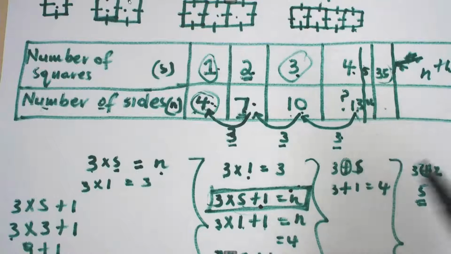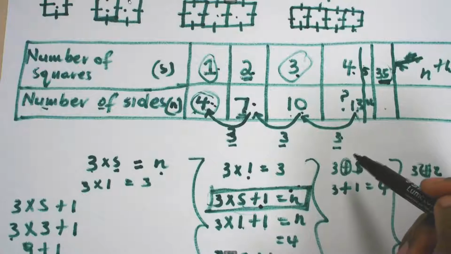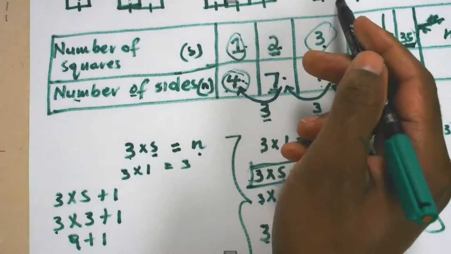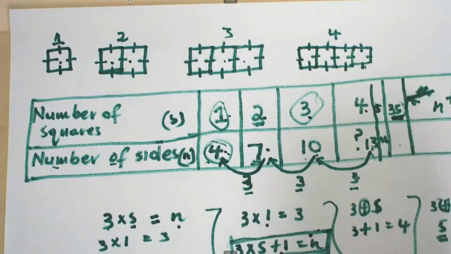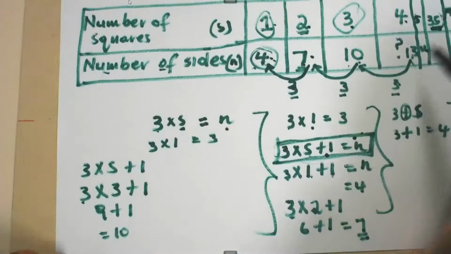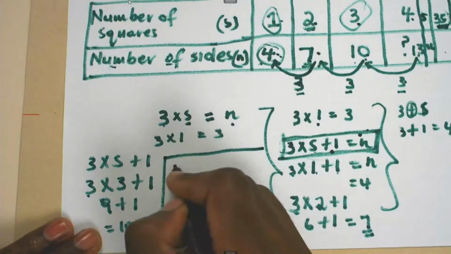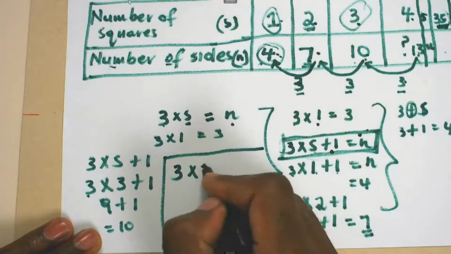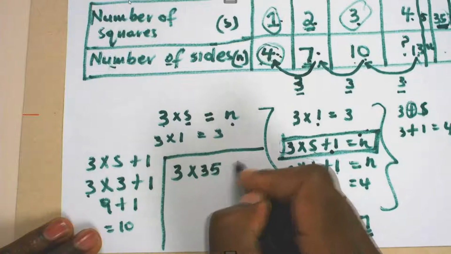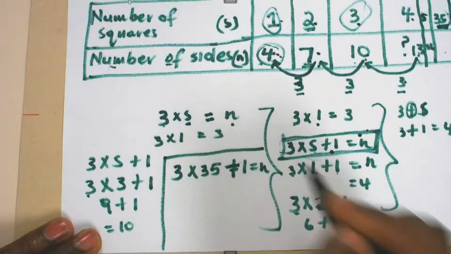I wouldn't draw these squares up to 35. I would just apply my equation: 3 multiplied by s. They said how many squares? 35. So I'll say multiply by 35, plus 1, equals my number of sides.